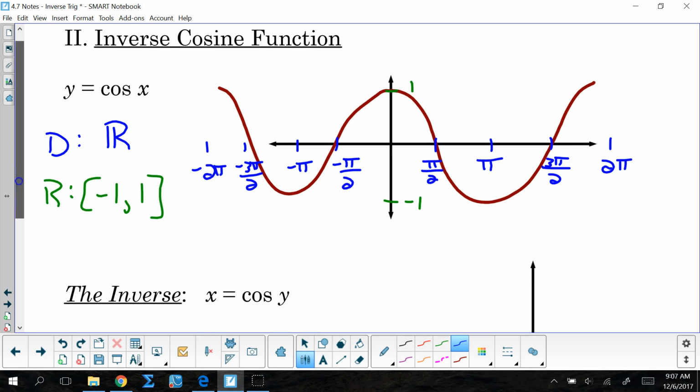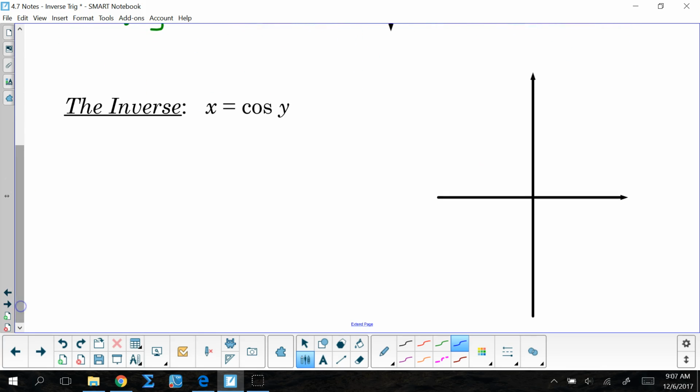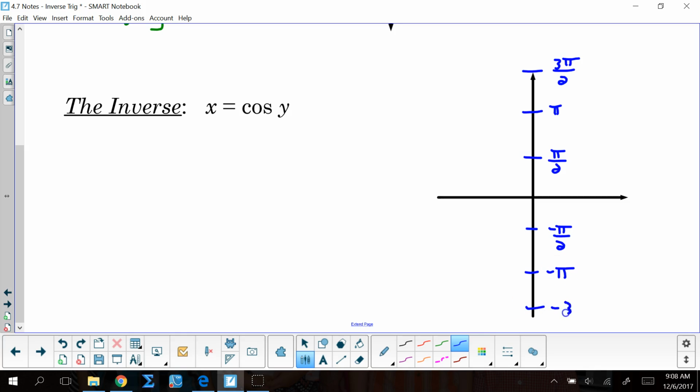All right? So we switch the x and the y first. So then, that means that now my vertical is going to be the pi values, right?